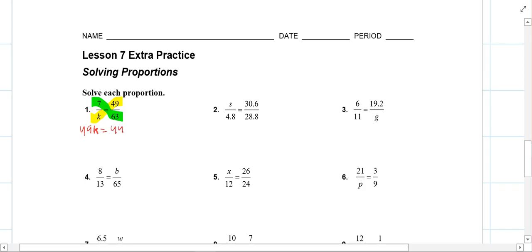That is 441. Divide both sides by 49, and we get K is equal to 9.